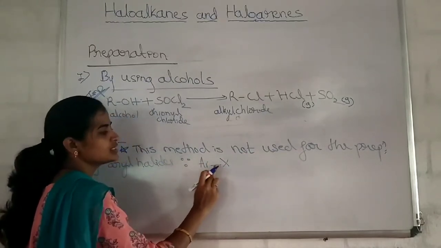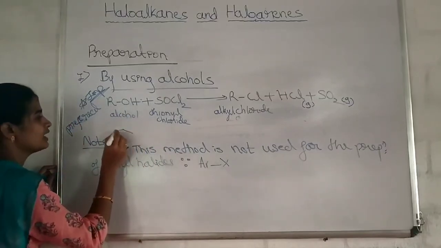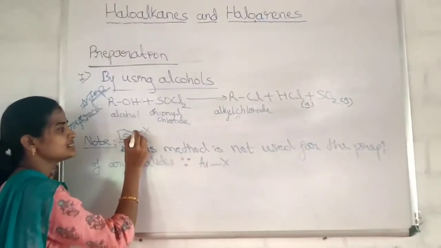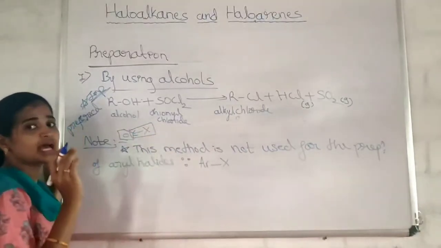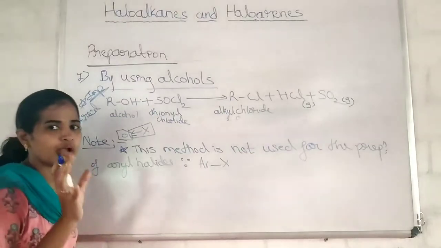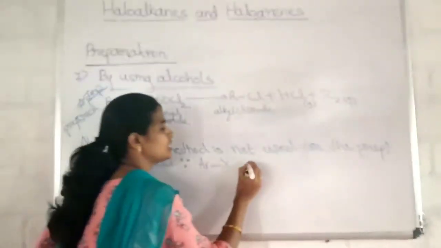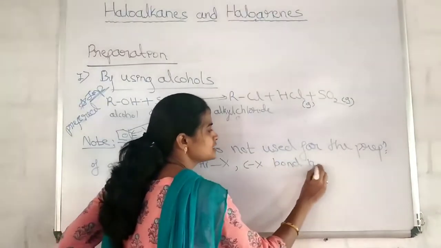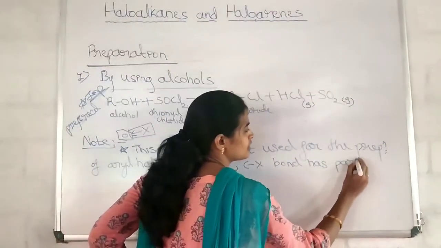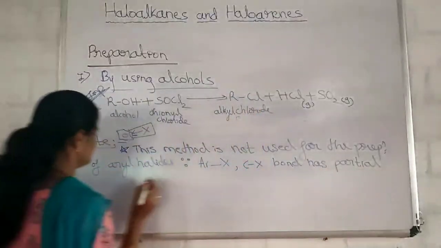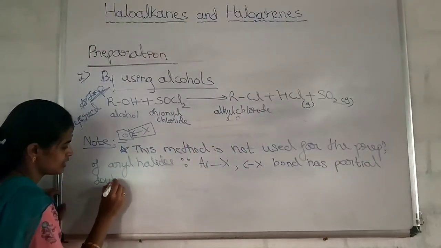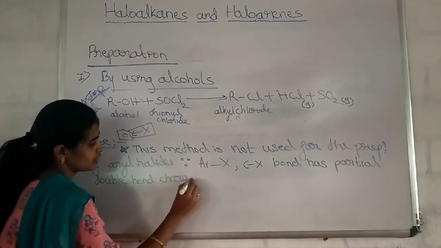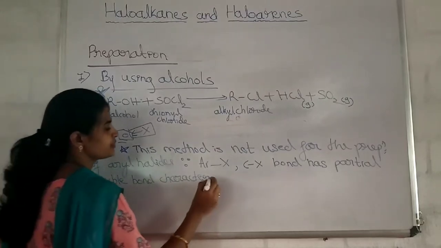aryl halide means a benzene ring with a halogen bond. In aryl halides, this carbon-halogen bond has partial double bond character.